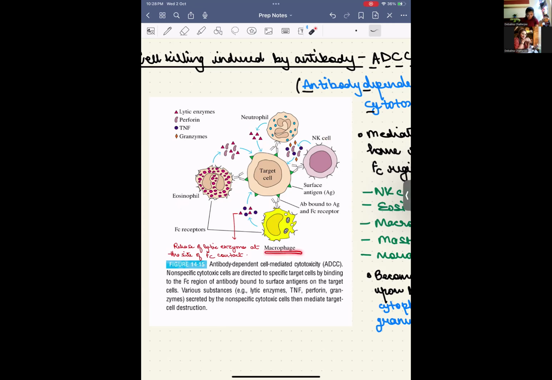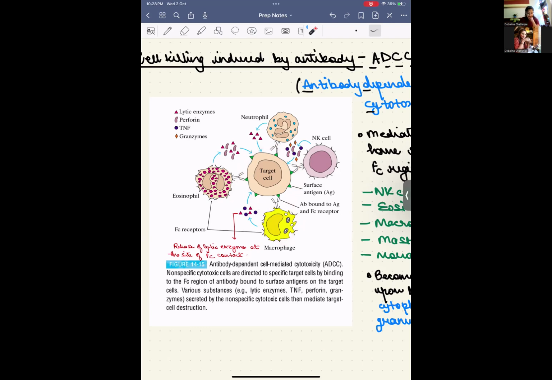So let's start with the macrophage. If there is binding of the macrophage to the Fc region of the antibody molecule via the Fc receptor on the surface of this macrophage, the phagocytic activity of this cell is enhanced multiple times, and eventually it is going to engulf the target cell and bring about its clearance.